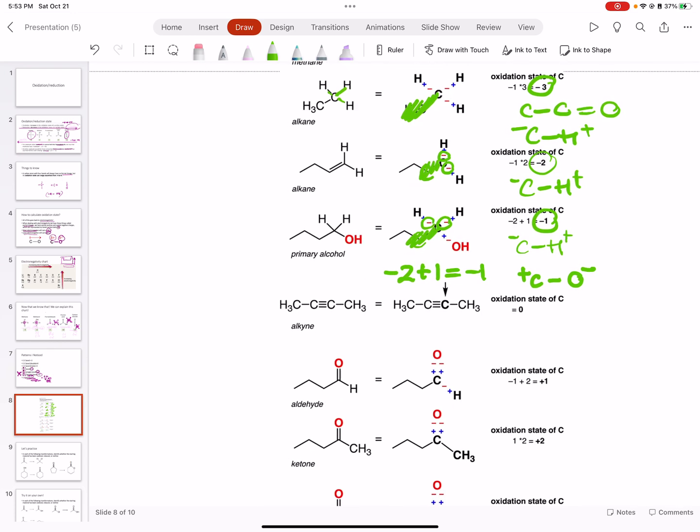And then we said carbon-carbons, they don't really matter. That's why our oxidation state is 0. So then this is triple bonded, so it's gonna count 3 times, but since it's carbon-carbon, it's just gonna equal 0.